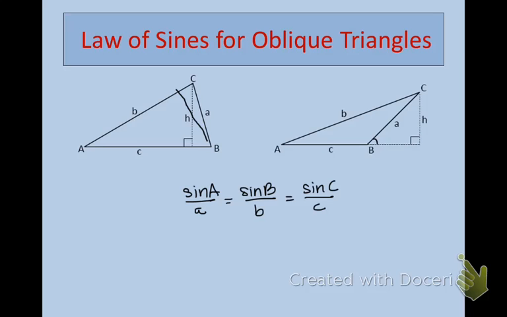Could I also write this as A over the sine of A equals B over the sine of B equals C over the sine of C?